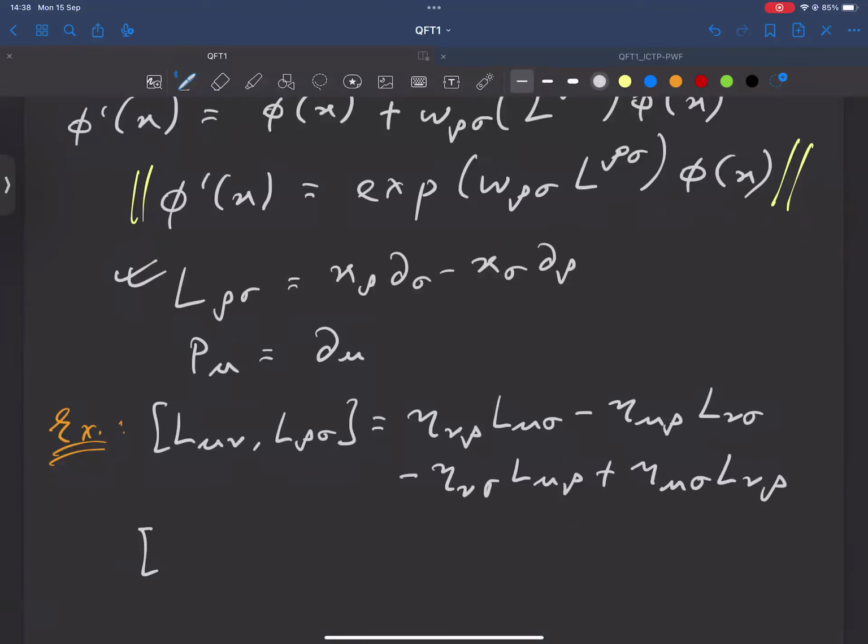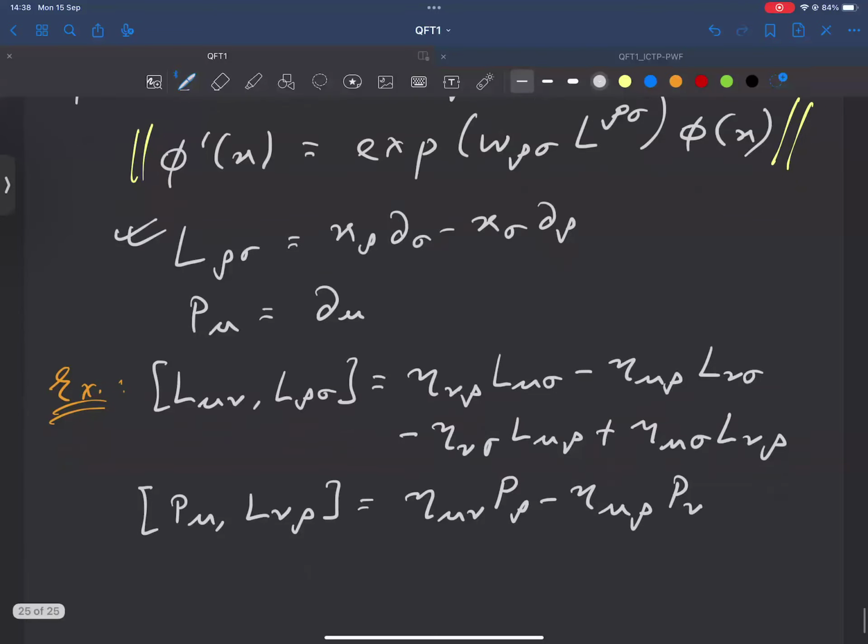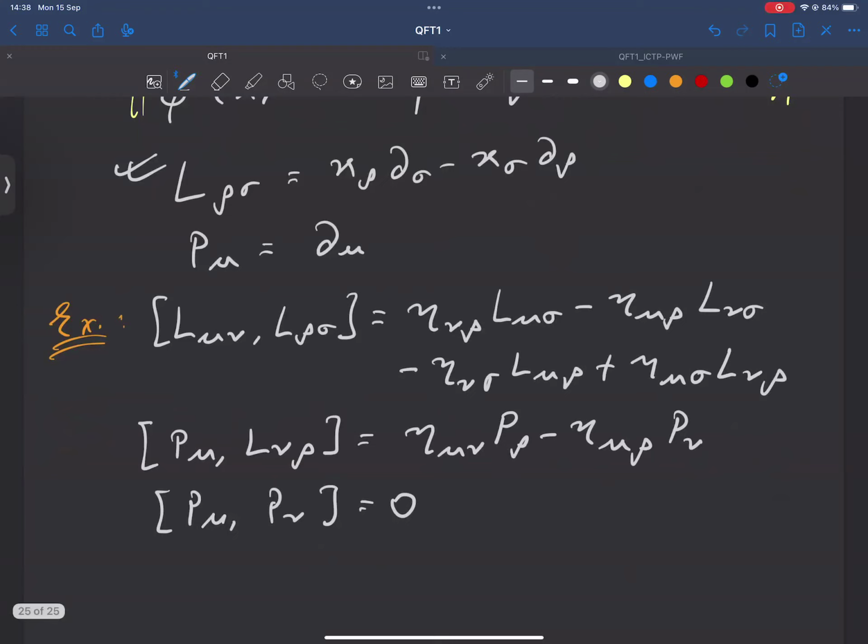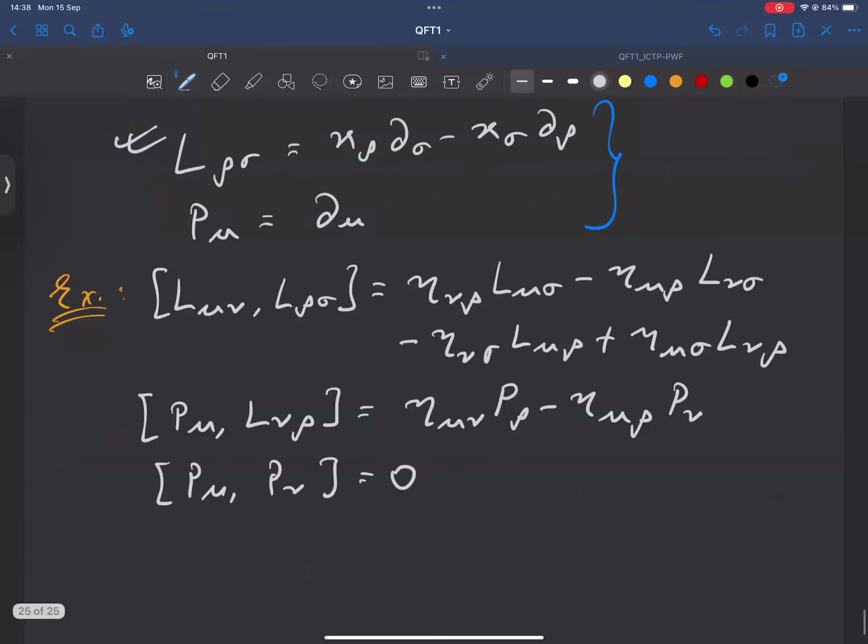So you can identify the first line as the Lorentz algebra, the second line as eta mu nu p rho minus eta mu rho p nu, and the last line, p mu p nu commutator, is 0.